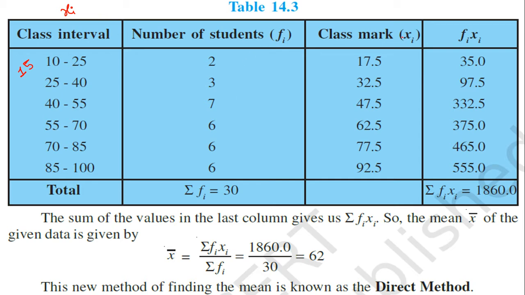So directly you can multiply fi xi. Why? Because this is the direct method, and the formula to find x bar is sigma fi xi upon sigma fi.